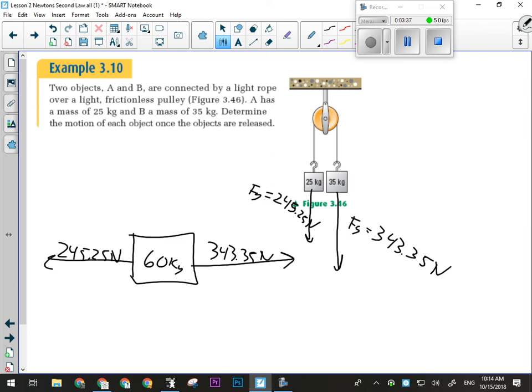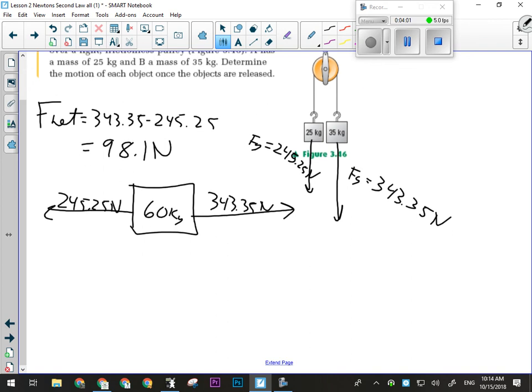Net force is the vector sum of all forces. So that'll be 343.35 minus 245.25, which should come out to 98.1 newtons. Everybody all right with that? So I have a net force of 98.1 newtons in this question. Can I now find the acceleration of the 60 kilograms worth of mass in the system?